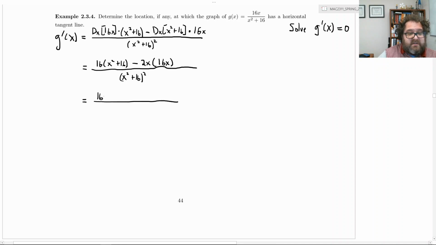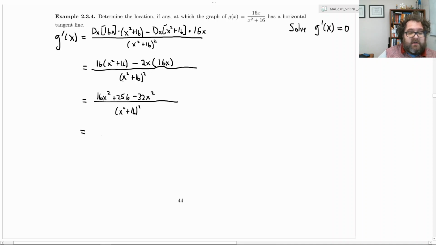That is 16x squared. 16 times 16, that is what? 256, hopefully. Then we have negative 2x times 16x. That's going to be what? Negative 32x squared. All divided by x squared plus 16 squared.